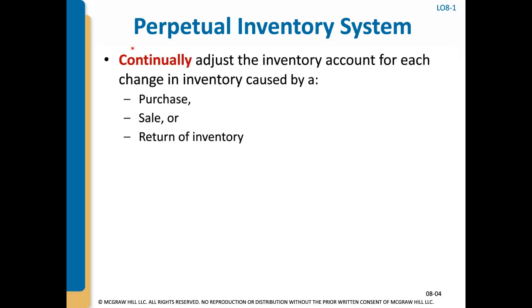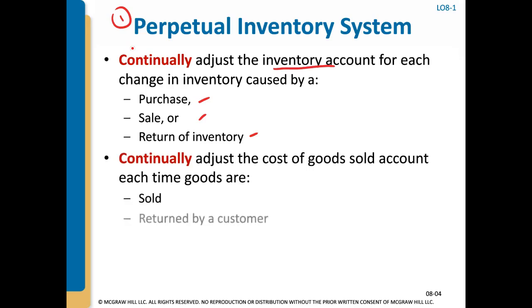Let's start with the perpetual inventory system. A perpetual inventory system, right? So that's going to be the first type of inventory system we talk about, and the most common is one where the inventory count is constantly being adjusted and accounted for any purchase, sale, or return of inventory.